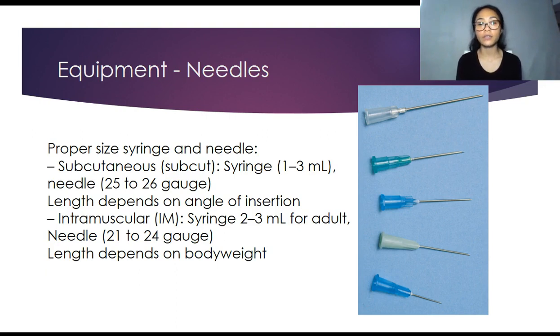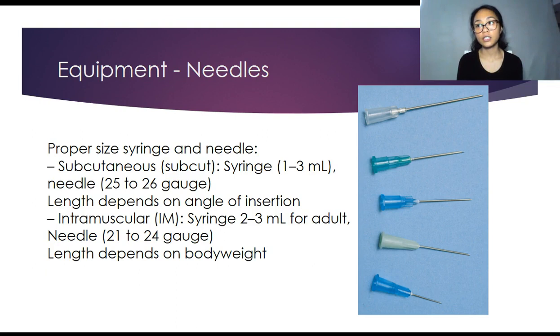But a 25 gauge 26 millimeter needle inserted at a 45-degree angle for subcutaneous injections is appropriate, or it might be a 13 millimeter needle that's inserted at a 90-degree angle, and that will also, for most patients, get the injection into the subcutaneous tissue.